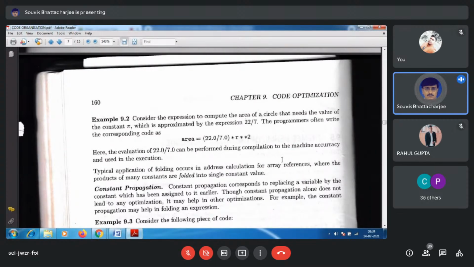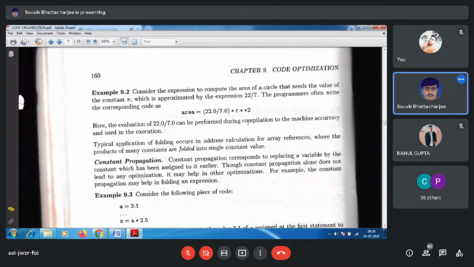And this is basically one of the examples of folding. A typical application of folding occurs in the address calculation for array references, where the products of many constants are folded into a single constant value. This is the thing.